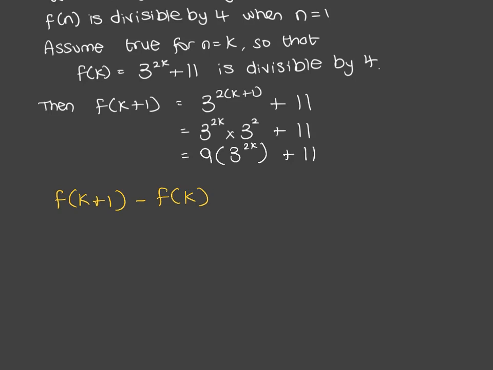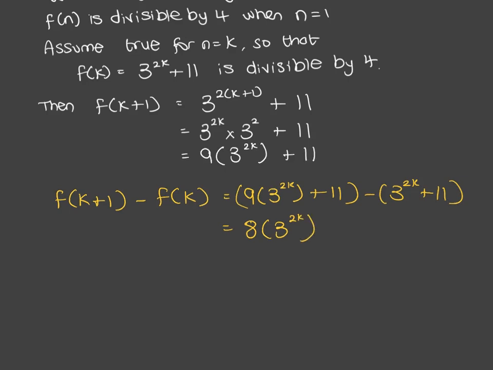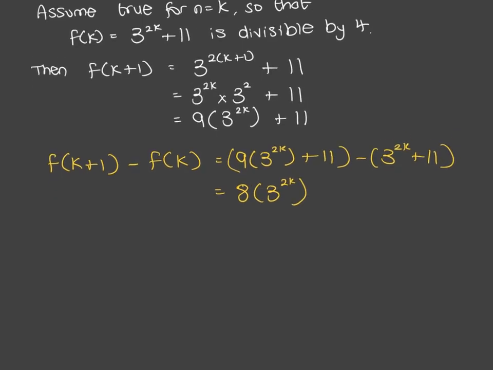So what happens if I find the difference between these two things? What happens if I do 9 times 3 to the power of 2k plus 11, and I subtract 3 to the power of 2k plus 11? Well, 9 of these minus 1 of these will just be 8 times 3 to the power of 2k. 11 minus 11 is nothing.